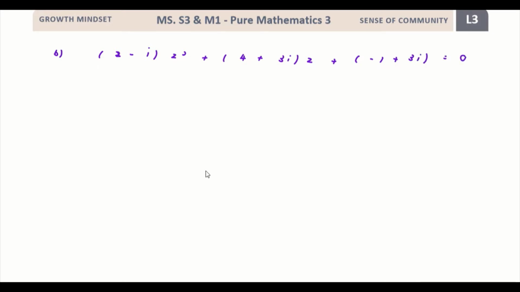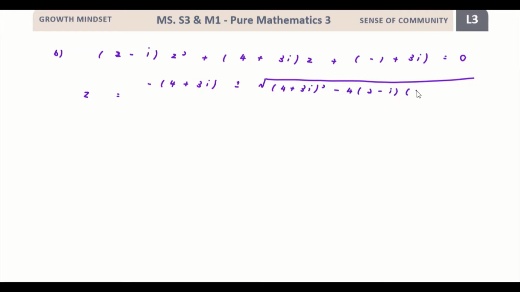Okay, so let's use the formula. To get z, we have z equals -b, so -(4 plus 3i), plus minus the square root of b squared minus 4ac, over 2a.